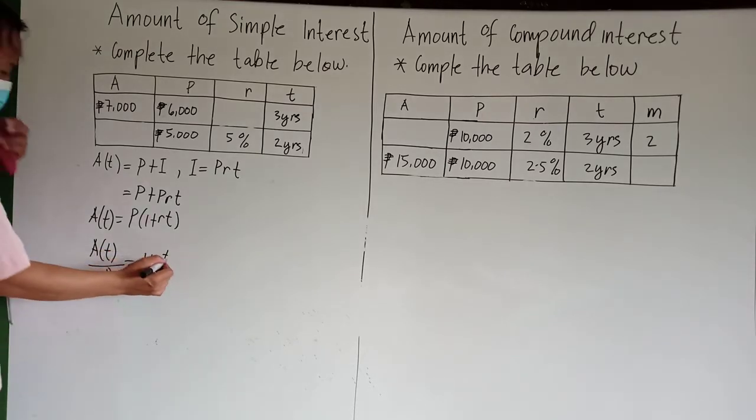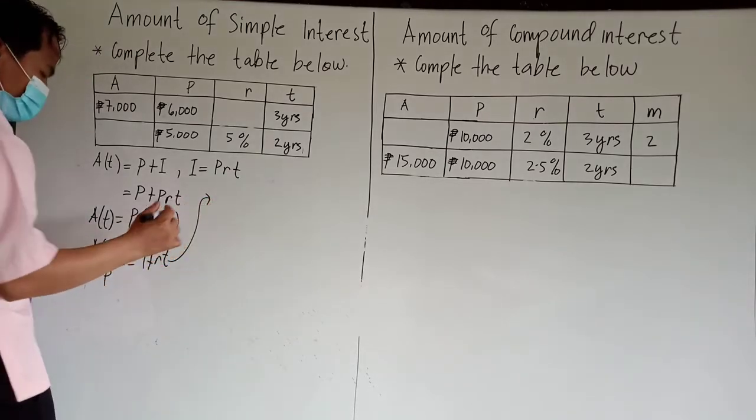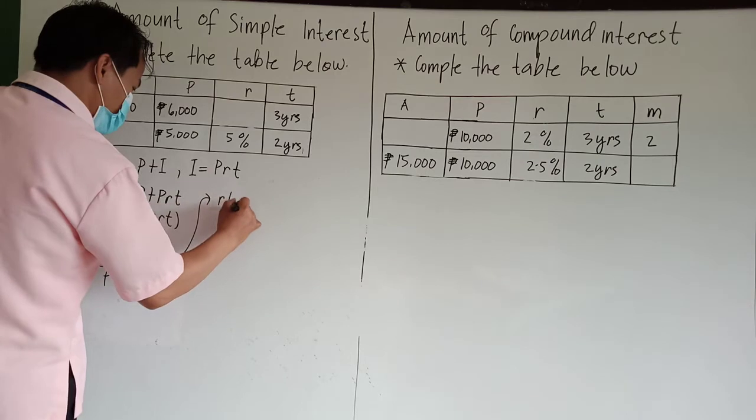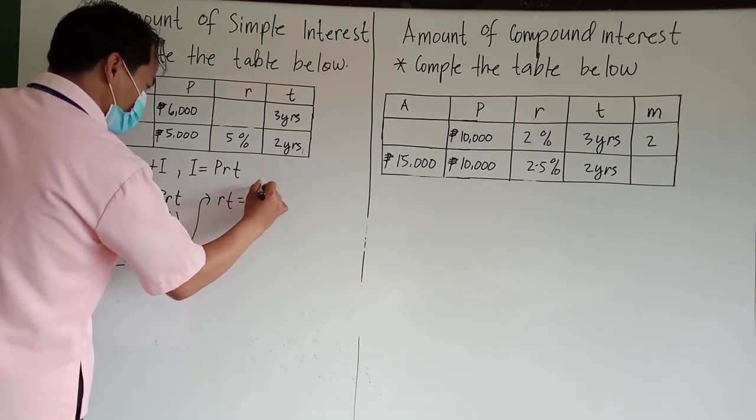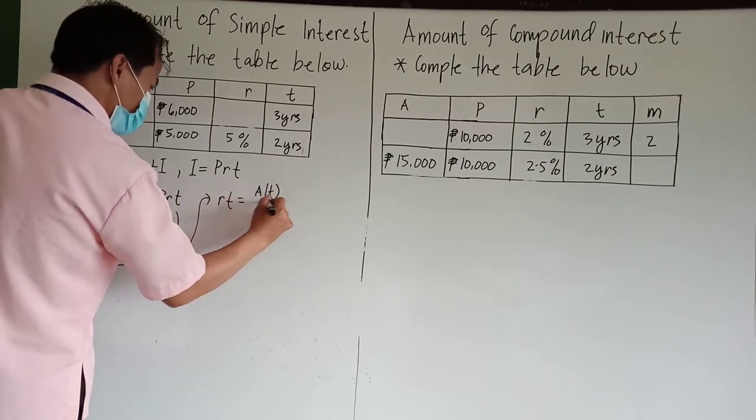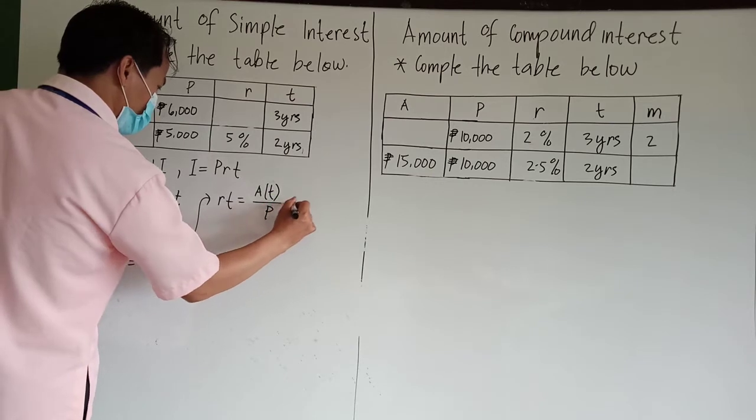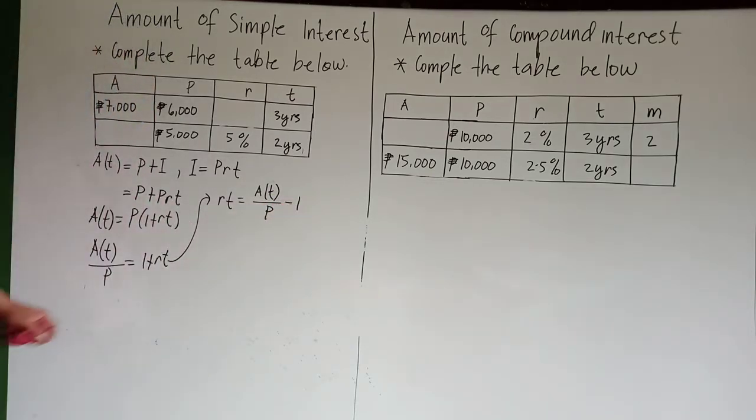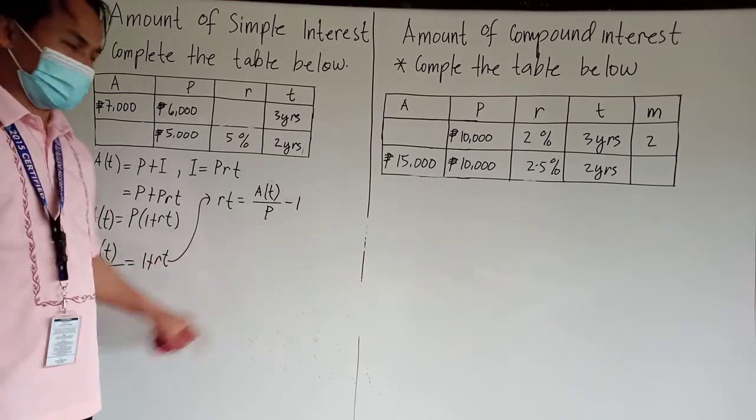Then rate times time is equal to A(T) over P minus 1, because we transpose this positive 1 to the other side, so it becomes negative 1.